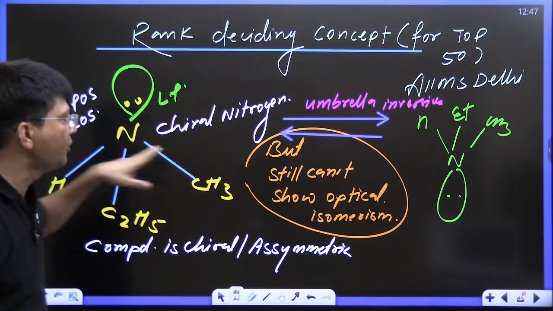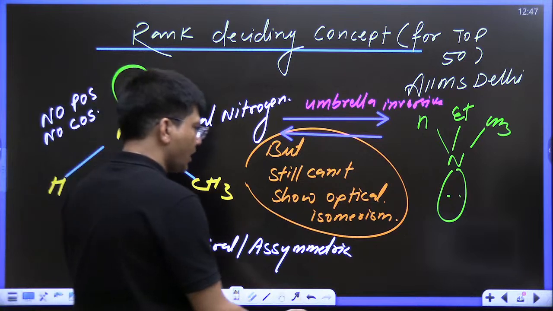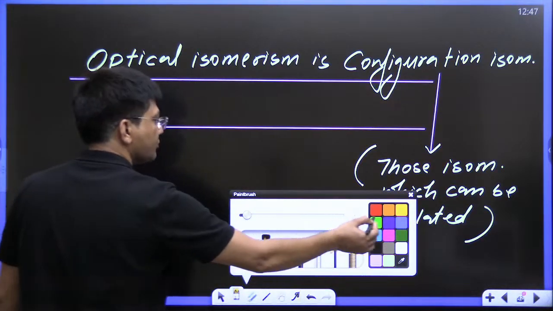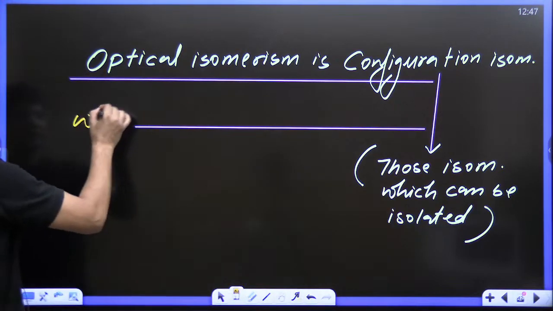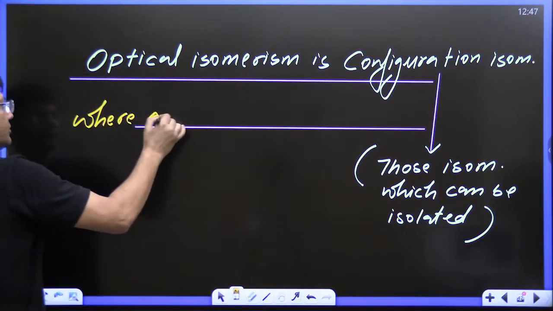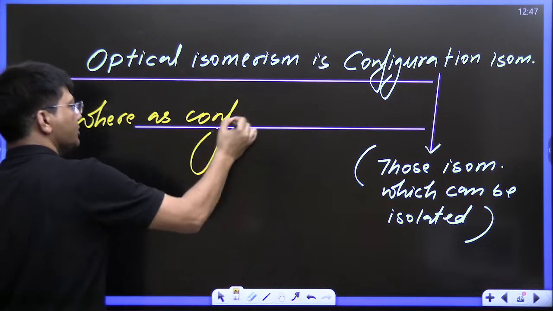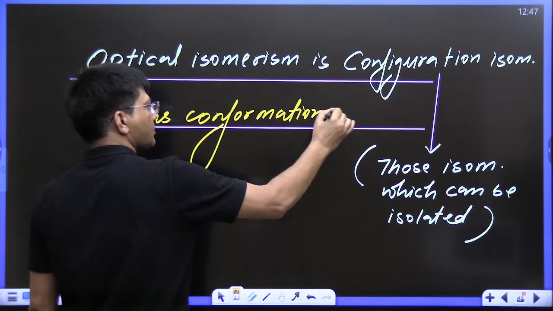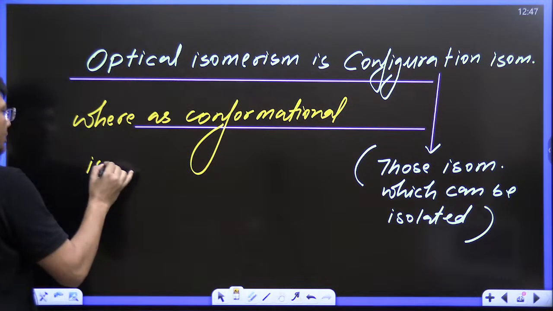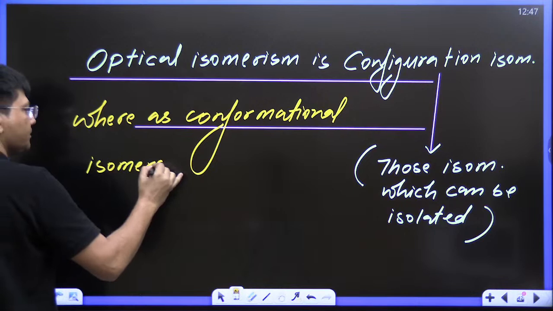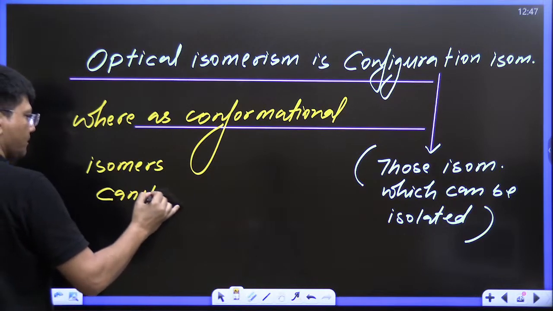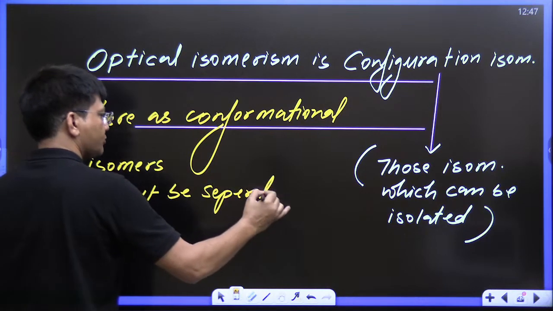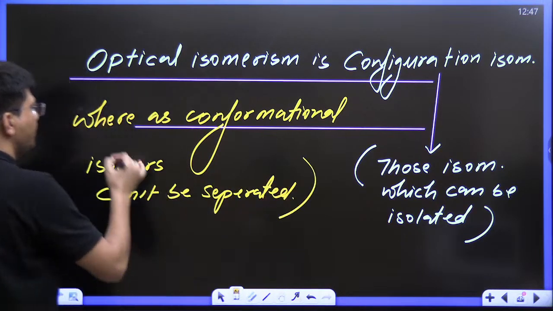That means they are conformers, and conformational isomers can't be separated. This is the main difference. That's why this is really the best question.